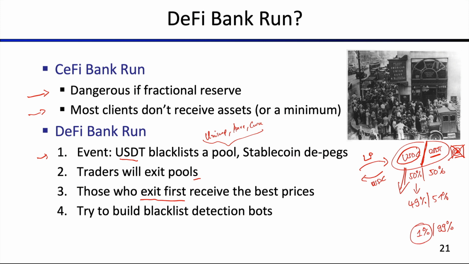Because these pools always want to incentivize people to balance the pool automatically. And therefore, those that come last will receive the worst prices for exiting this pool. So it might just not be worth it to even exit from this pool.